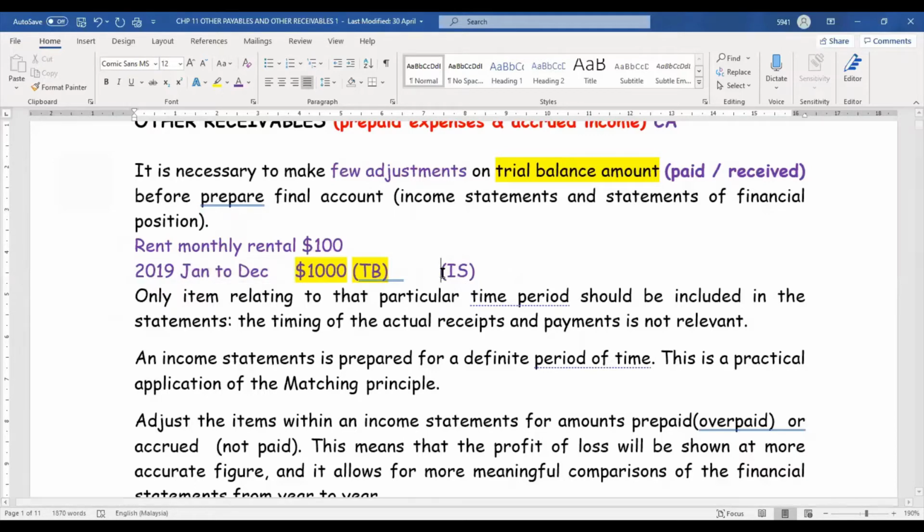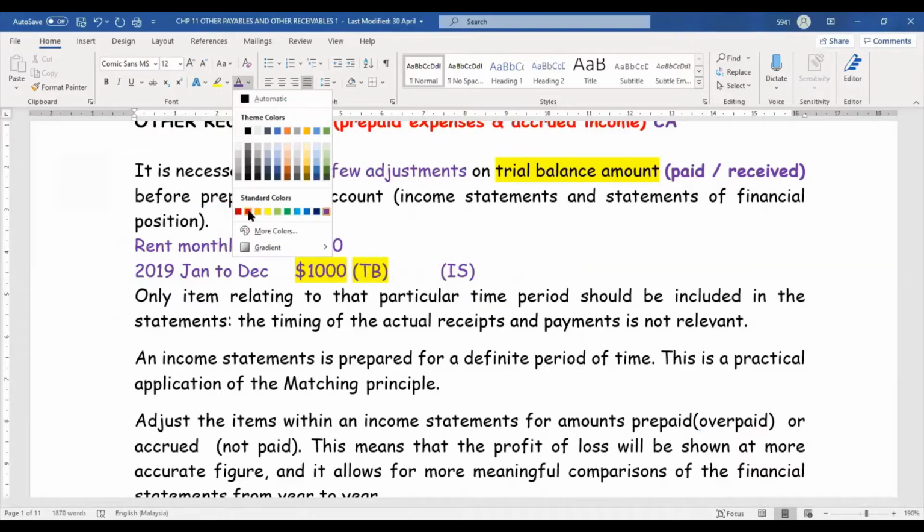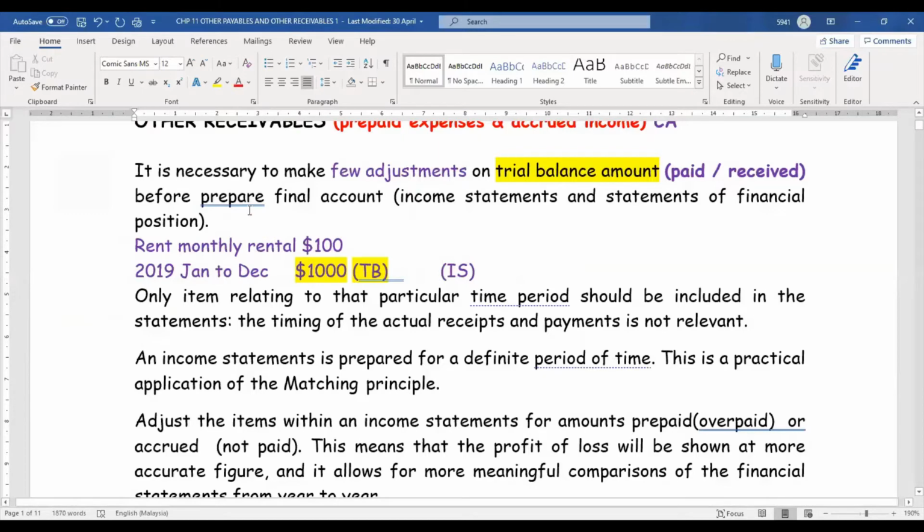In an income statement, we supposed to write how much for the year, regardless we paid or not, which is 1,200. So remember this, we simply cannot take all the income and expenses from the trial balance. The trial balance will record all the paid expenses or received income.